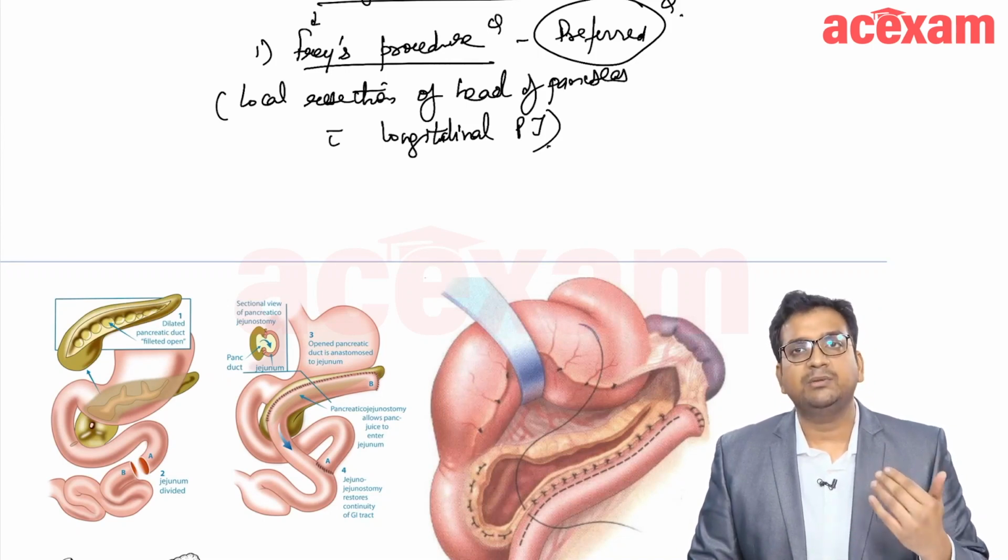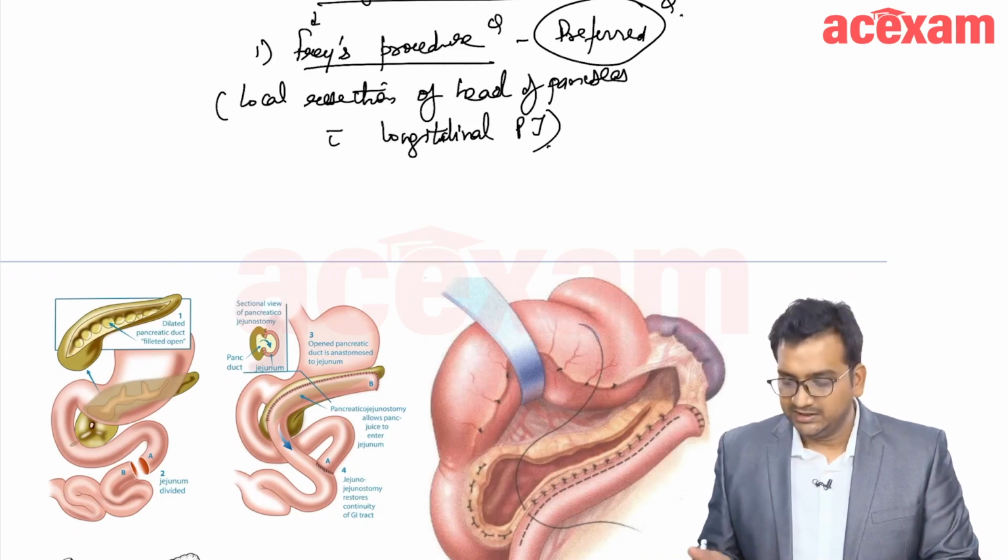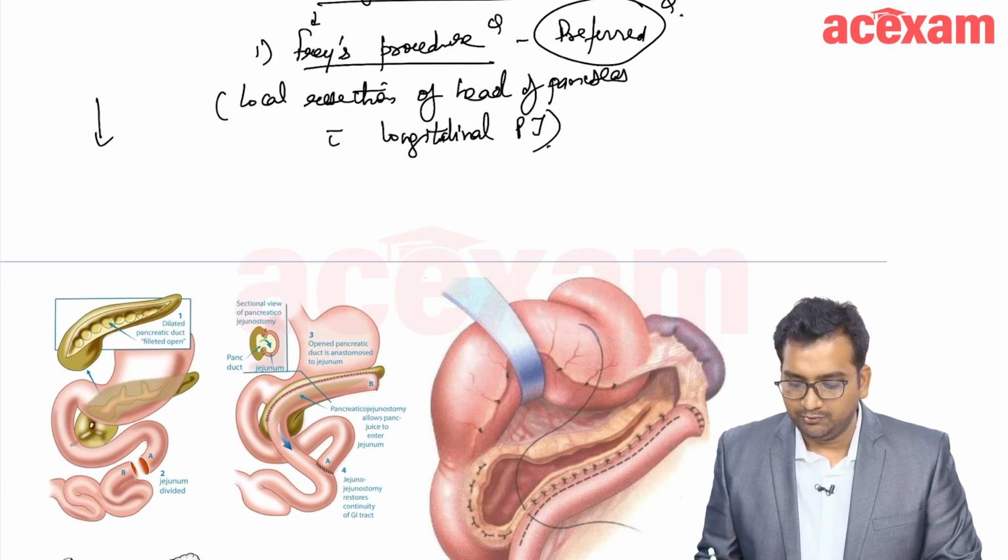Suppose the patient is not responding to surgery also, or the patient is not a suitable candidate for surgery, in these cases we'll have to go for celiac ganglion block.